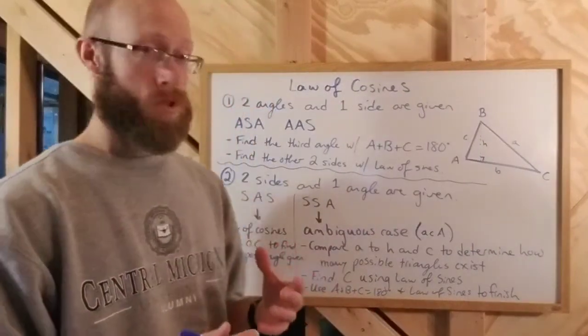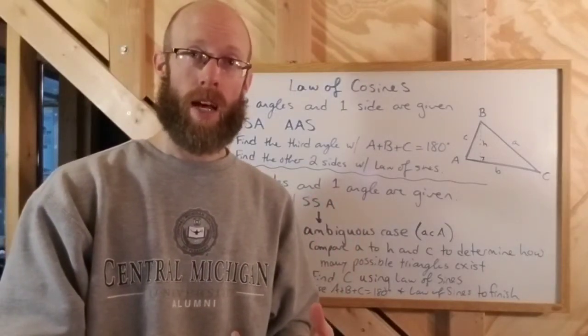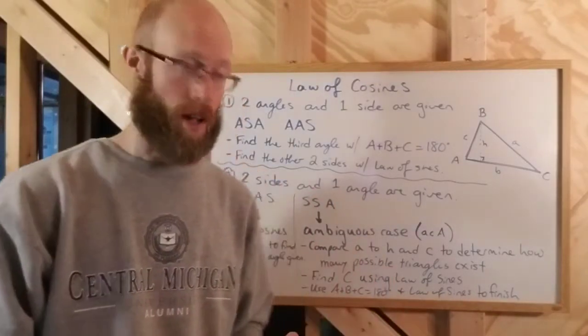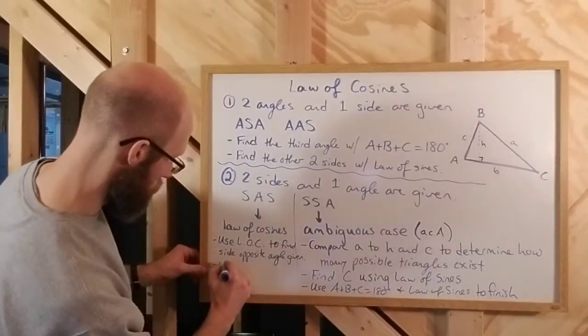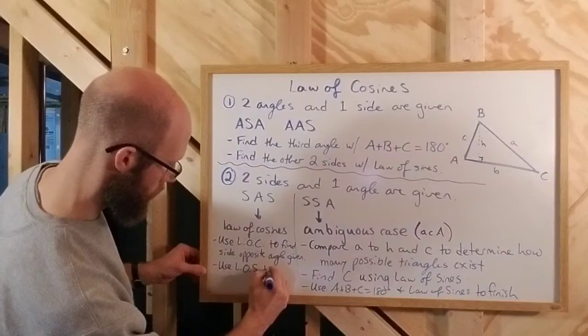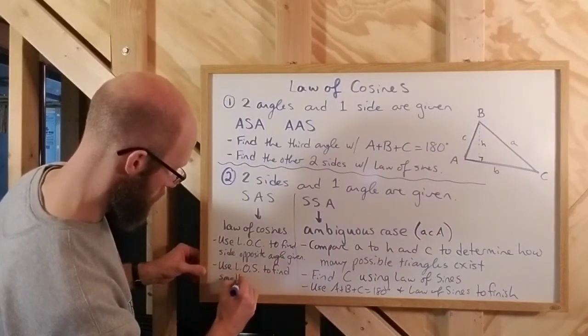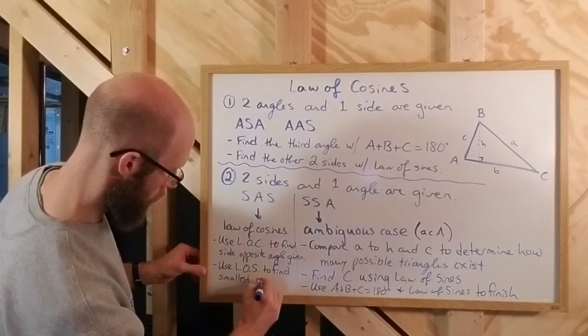So it's best to use the smallest angle first because there's a guarantee it's going to be acute. You can't have two obtuse angles in the same triangle. So use law of sines to find the smallest remaining angle.